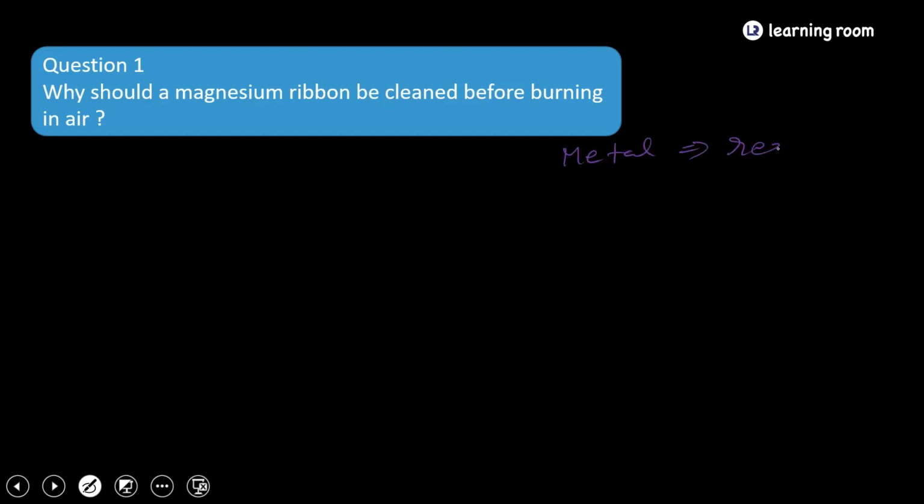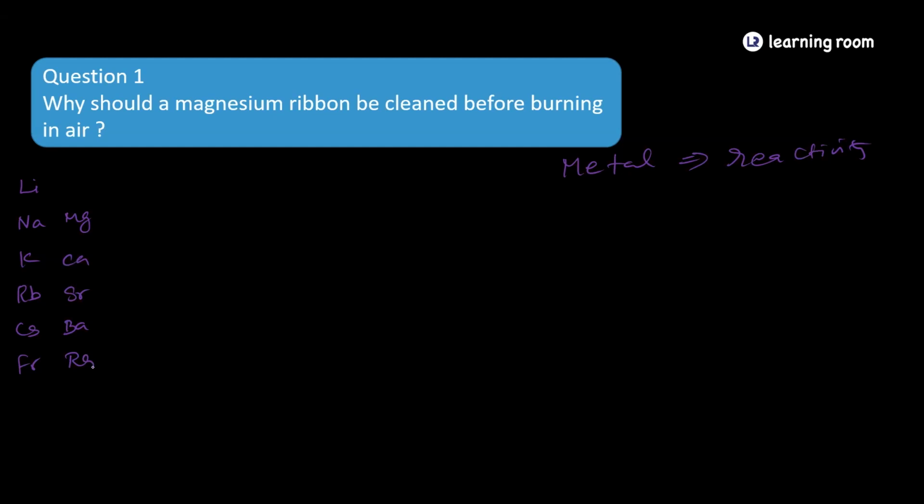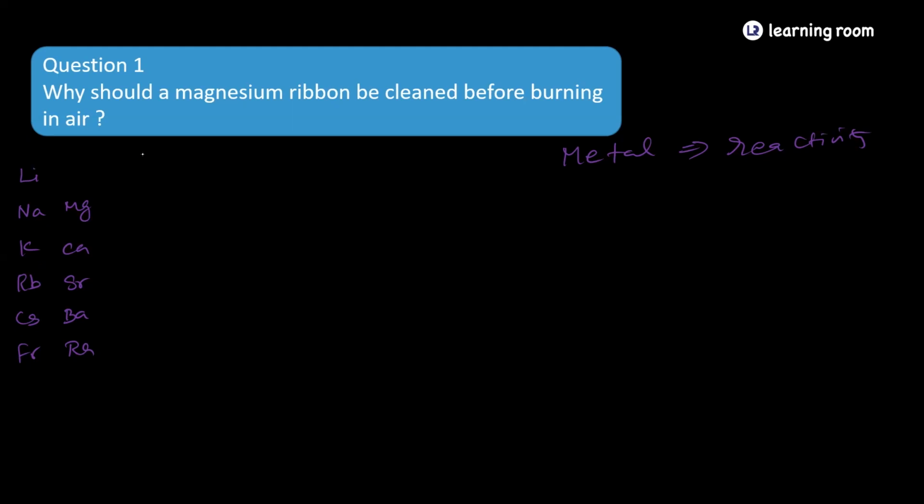Potassium, sodium, magnesium. Simply look at the S block elements: lithium, sodium, potassium, rubidium, cesium, francium, and magnesium, calcium, strontium, barium, radium. These are S block elements. Okay, and these are the radioactive metals.